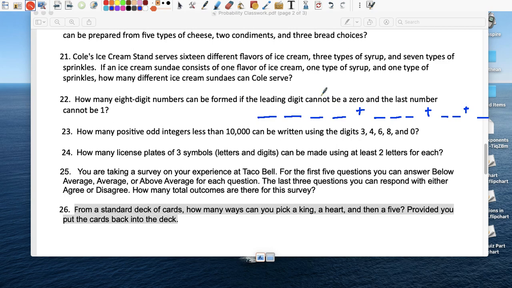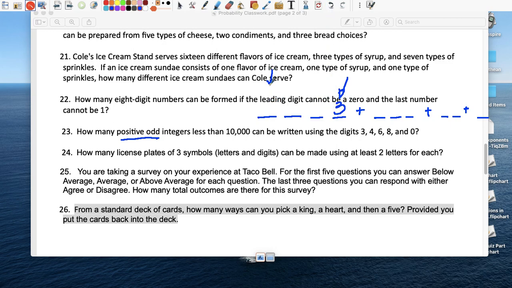So for this 4-digit group, what do we say? It has to be positive odd. So if it's positive odd, the 3 has to be here, right? So I only have one choice for that spot. So the 3 has to be here.